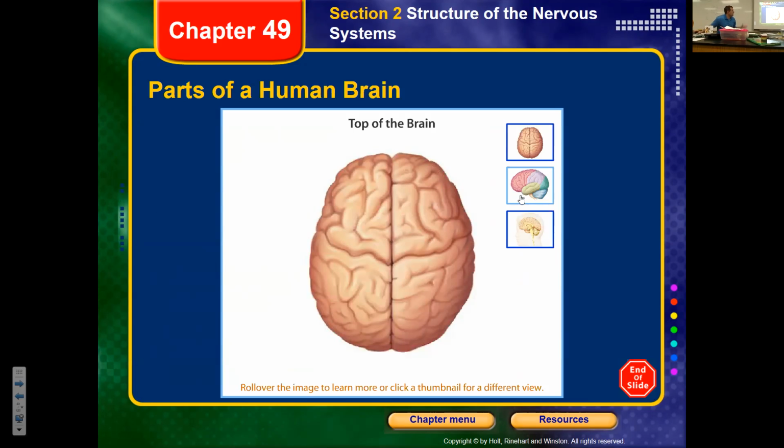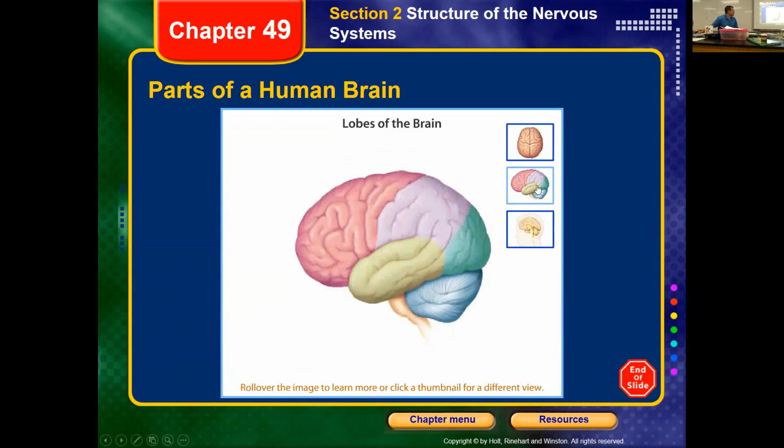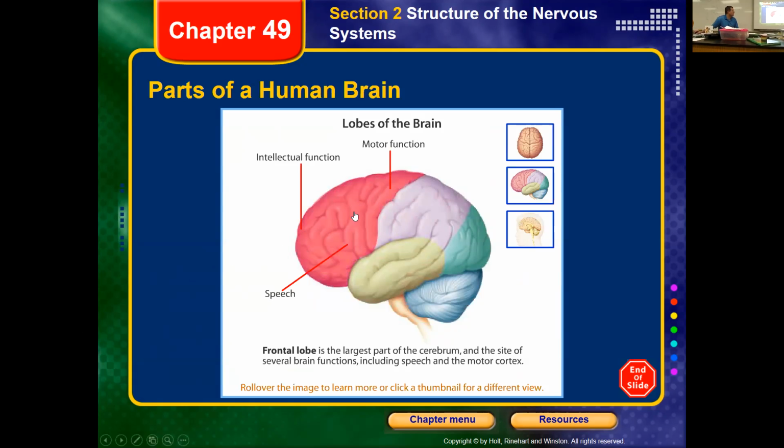Okay, so if you get a look at the side view of the cerebrum, there are 4 different lobes of the cerebrum. Technically there'd be 8 because you have each individual hemisphere. You have the frontal lobe, which is towards the front of the head, which is right here.